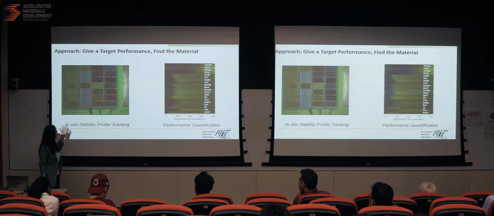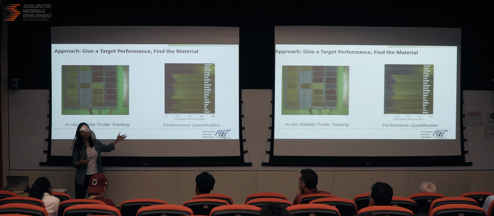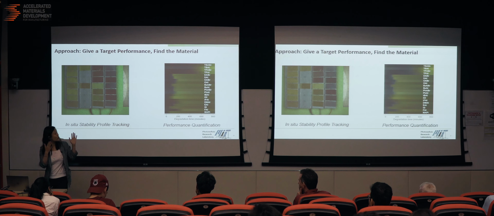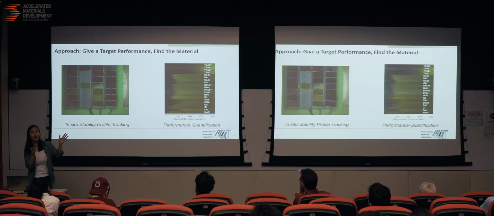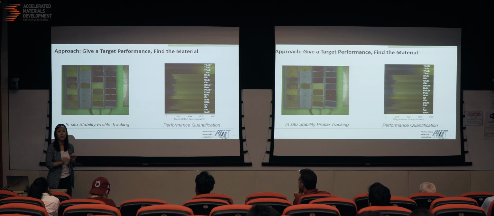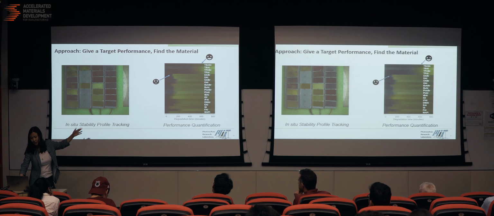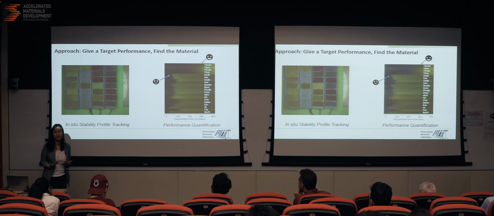On the left side, in our team, we developed this high throughput automatic stability tracking chamber, where you can see the different solar materials get degraded as they turn yellow. On the right side, you can quantify the moment when they start to degrade. We can see some of the capping materials are pretty good, and some are not so good. They turn quickly from black to yellow.